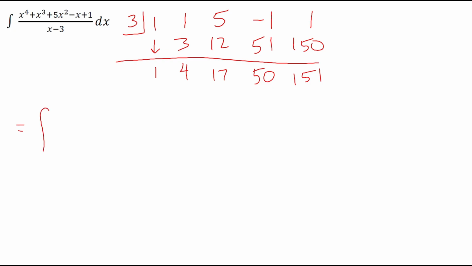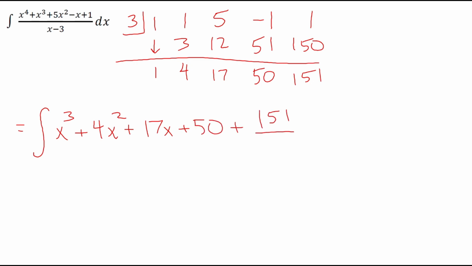This becomes an integral of x cubed, because we started at x to the fourth and we dropped down to 1x cubed, plus 4x squared plus 17x plus 50, and then plus 151 over our original denominator of x minus 3, which that one will again just become a nice simple u sub at the end, and the rest will just use the power rule. Okay?